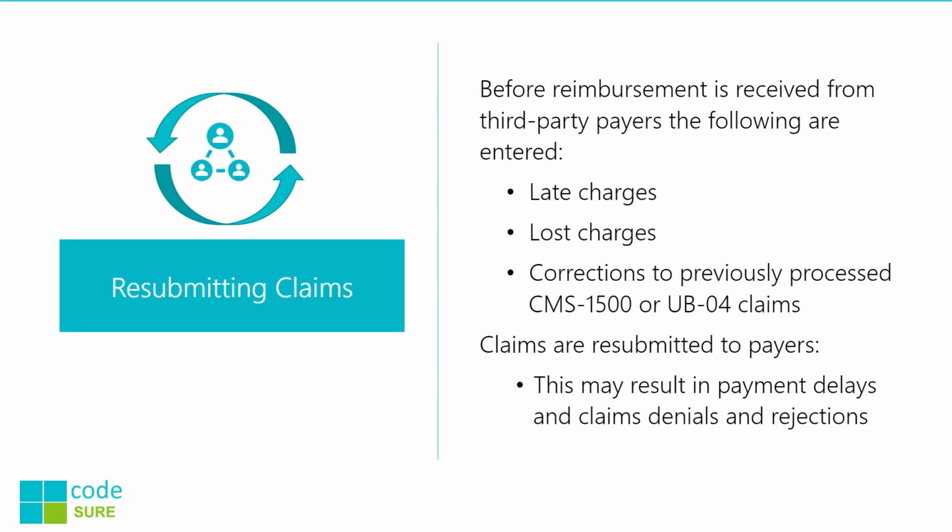The process of resubmitting a claim is what everyone wants to avoid. Before you resubmit a claim, you may review the late charges, the lost charges, and corrections to previously processed CMS 1500s or UB04s. Resubmitting claims always results in delays of revenue. This can create a serious hardship for healthcare providers.